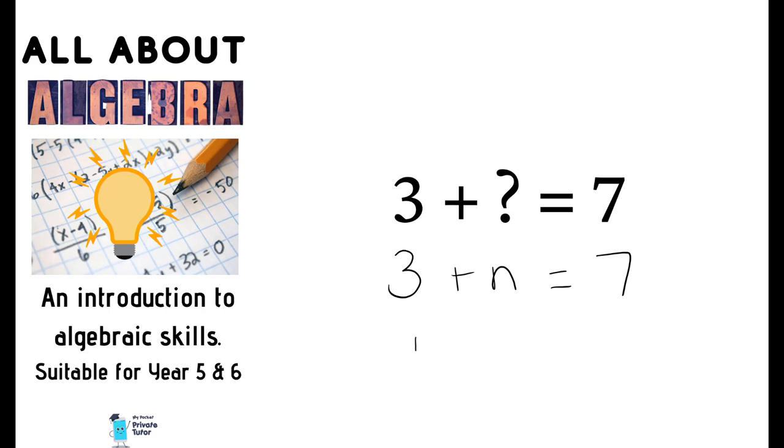So in this sentence, N is equal to 4, or if we look to the top one, the question mark is equal to 4. Okay, so algebra is basically replacing a missing value, a missing number, with a letter. That's the very first step that we need to think about.